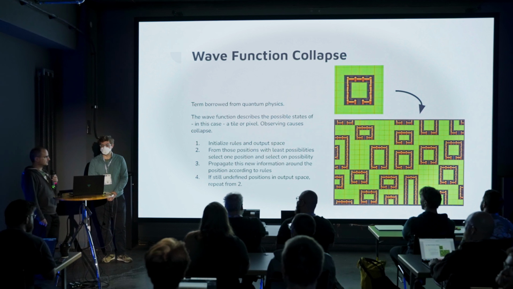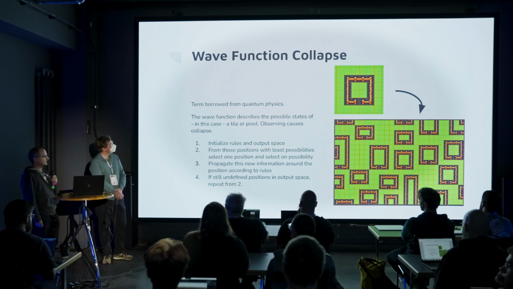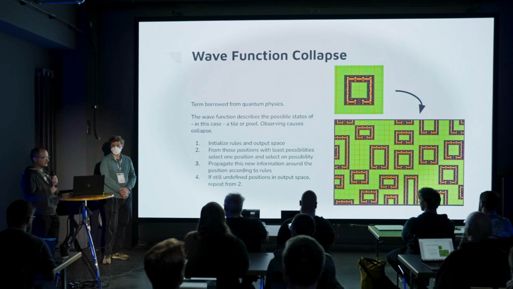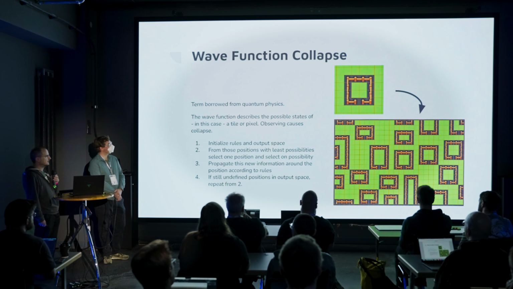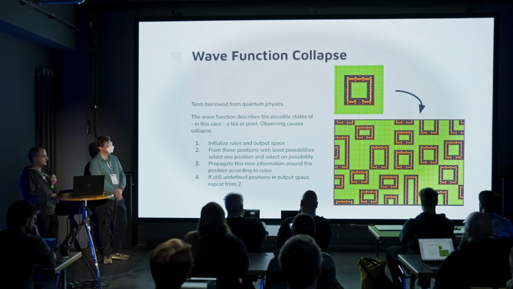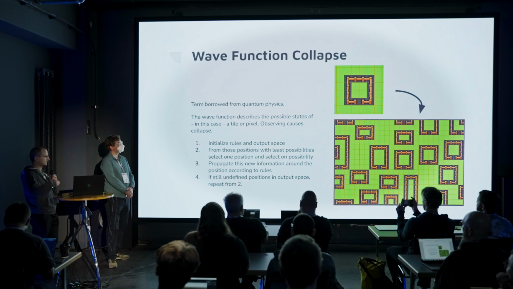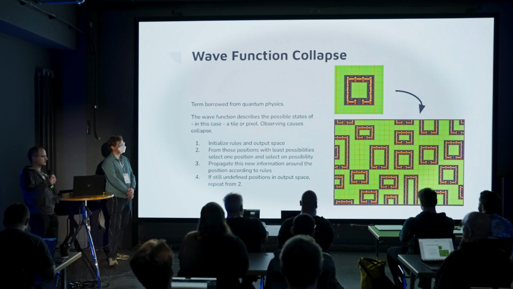So on this little example here, you see what this wave function collapse can do. You can have a template and then generate an output that's somehow similar to the template. And you kind of do this by initializing the output space with, in quantum physics, we talk about superposition.